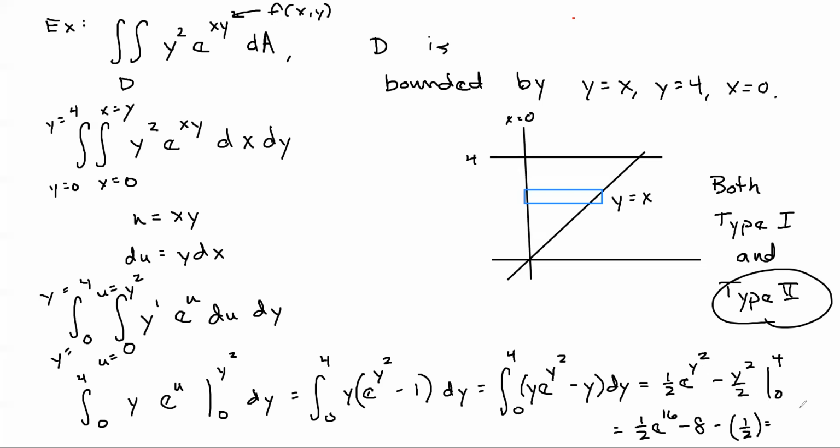All right, so this is 1/2 e to the 16th minus, what are we going to get here? This is going to be minus 8 minus 1/2. So that's minus 16 halves minus 1 half, minus 17 halves. Hopefully that's correct, because my notes don't have the minus. I forgot the minus 1 in my notes. Anyway, hopefully we got that.